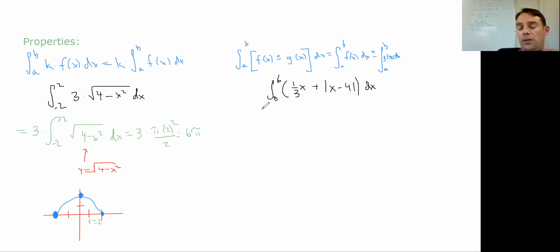All right, on this one, it might just be a good idea to break it up. So 0 to 6 of 1/3 x dx, plus 0 to 6 of the absolute value of x minus 4 dx. And again, this is y equals 1/3 x. And this is y equals the absolute value of x minus 4.